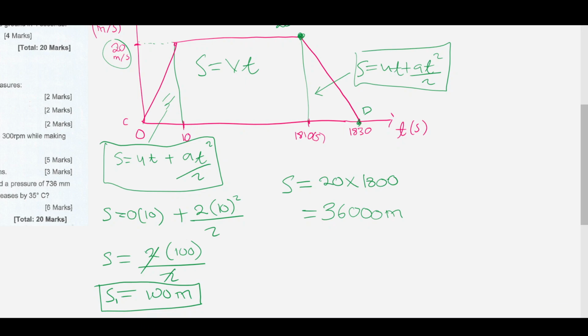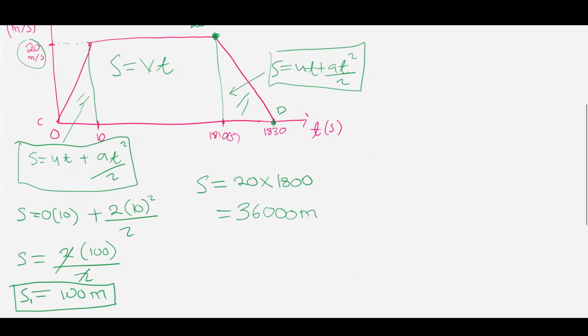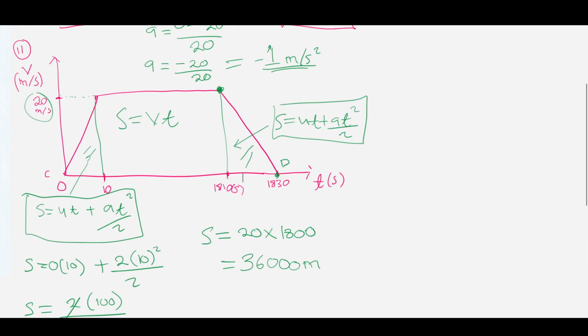And then the other part here, we are going to have the same equation as before. So here our u will be 20. Let me just move this a bit down. So s is equal to u, 20, times t, which is also 20, plus a, which is -1.